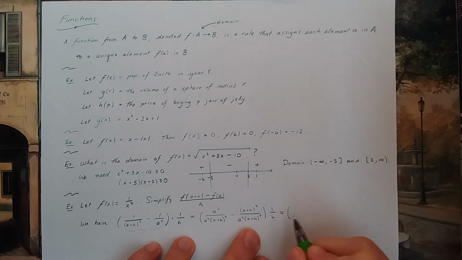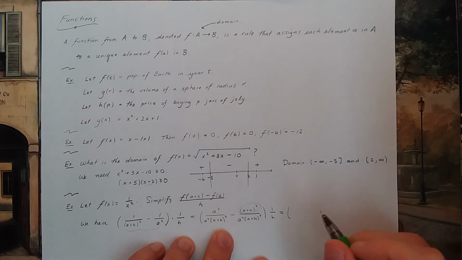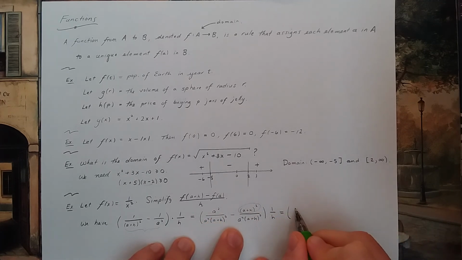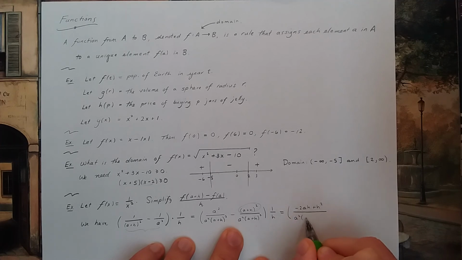If you subtract the two expressions, expanding this term, multiplying it out, I'm not going to do every detail right here, but when you do that, you get negative 2ah minus h squared all over a squared times (a + h) squared.